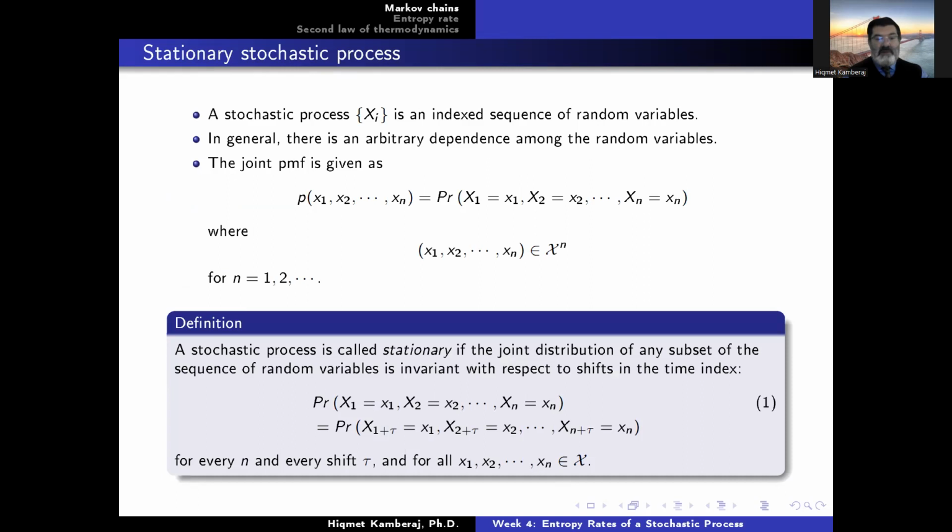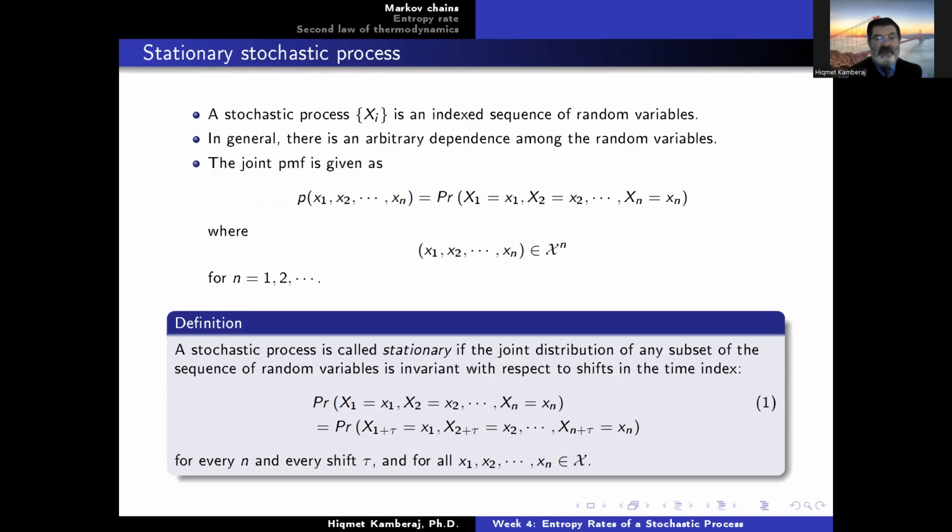A stochastic process is denoted as Xi, which is an indexed sequence of random variables. In general, there is an arbitrary dependence among the random variables. The joint probability mass function is given as the following.